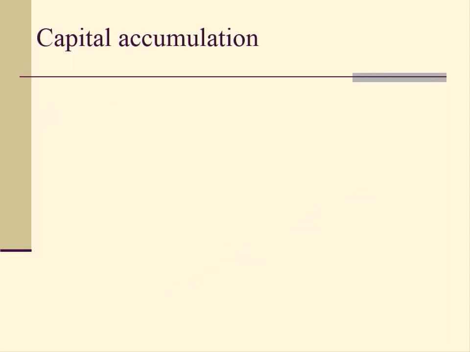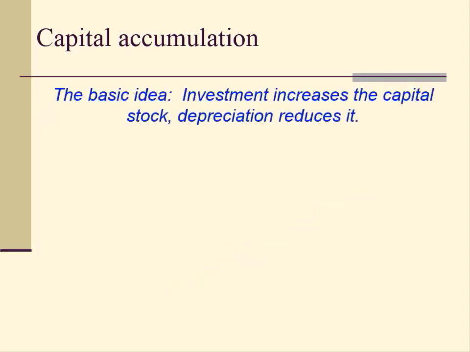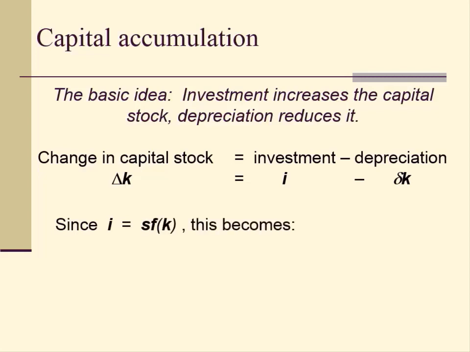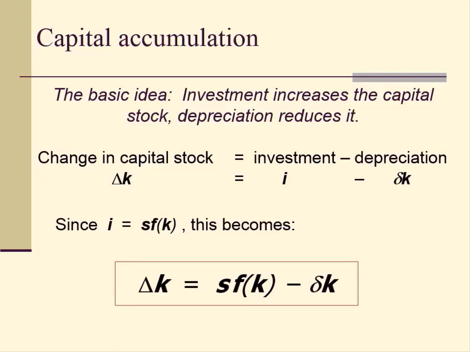And in this model, the basic idea is that investment increases the capital stock and depreciation reduces it. This change in capital stock, that is Greek capital letter delta k, equals investment minus depreciation, that is investment per worker minus delta times capital stock per worker. And since investment per worker I equals the saving rate s times f of k, the equation now becomes: change in capital stock per worker equals s times f of k minus delta k.